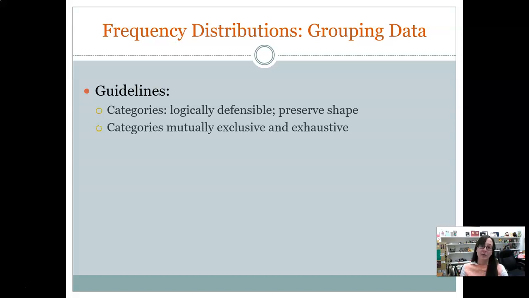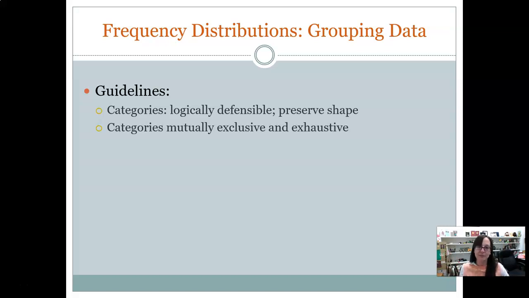You also want the categories to be mutually exclusive and exhaustive. That means that each data point can only fit in one of those categories, but also each data point can fit somewhere. So with your age distribution, maybe you'll have a 20 and younger category, which includes everybody 20 and younger, then 21 to 30, 31 to 40, maybe 41 to 50, and then 51 plus.